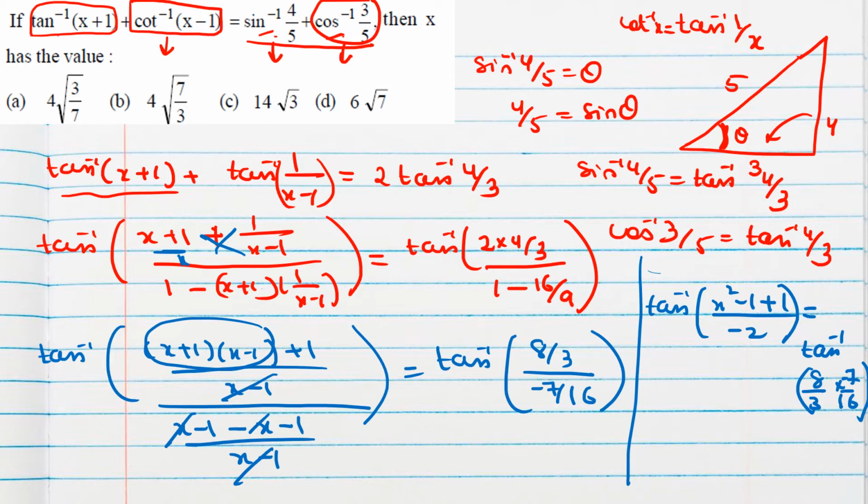Reciprocal of the denominator, so 16 by 7 we should take. So here minus 1 plus 1 we can cancel. Tan inverse of minus x square by 2, and here minus 88 by 21.